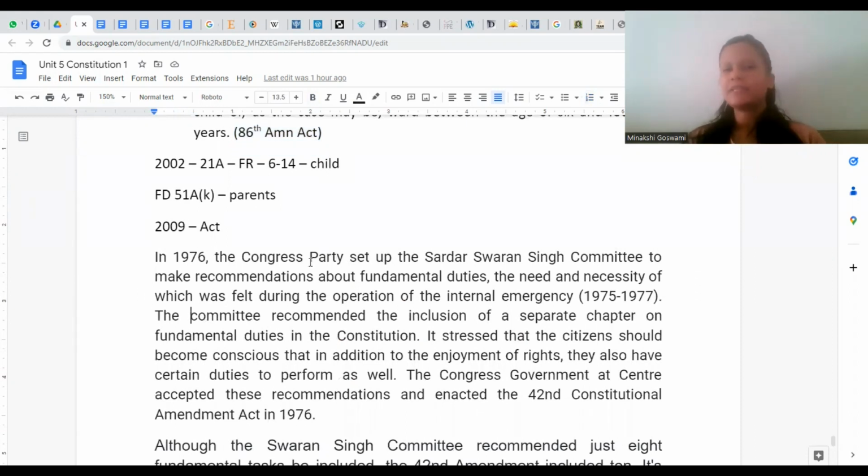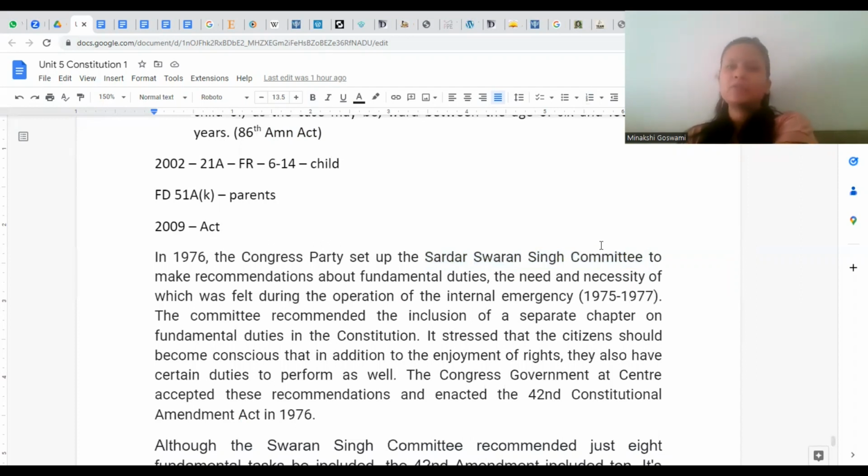In 1976, the Congress party set up a committee called the Sardar Swaran Singh Committee. This committee had the obligation to recommend what fundamental duties could be added, the need for which was felt during the period of internal emergency, when emergency was declared in 1975, which continued till 1977.